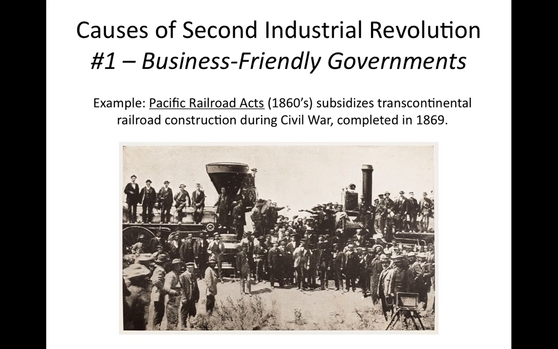An example of this is the Pacific Railroad Acts in the 1860s, during and after the Civil War, which basically gave money to railroad companies to construct a transcontinental railroad. And by 1869, there is now a railroad linking all of the country from east to west, thanks to the federal government's generosity.